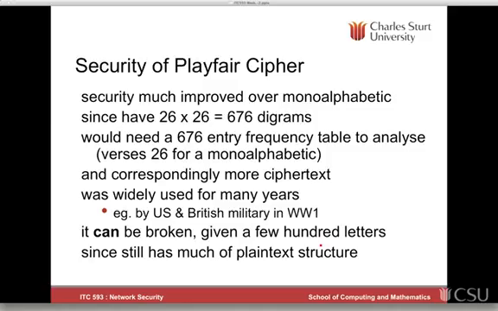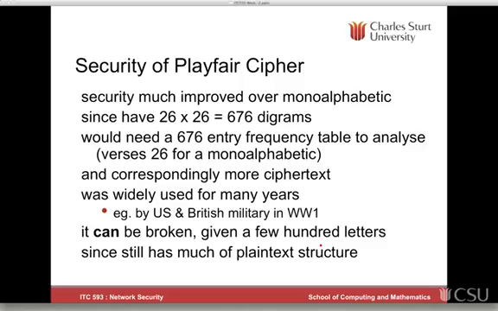The Playfair cipher is a great advance over the simple monoalphabetic cipher, since there are 26 times 26, which is 676 digrams, versus 26 letters. So identification of individual digrams is more difficult. Also, the relative frequencies of individual letters exhibit a much greater range than that of digrams, making frequency analysis much more difficult.